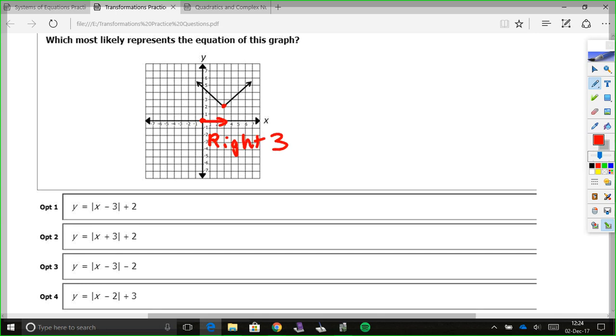Looks 3 units. And then it would have also needed to go up 2 units. So I'm looking for one of my answer choices to tell me it's moved to the right 3 and up 2. So this up 2 is a vertical shift, of course, and then right 3 is a horizontal shift.